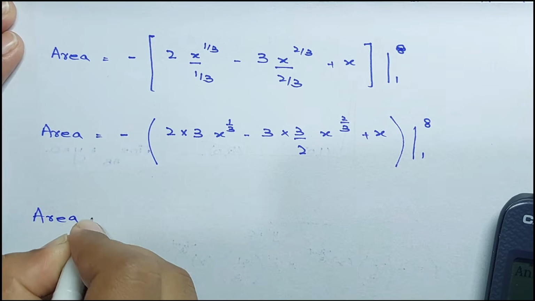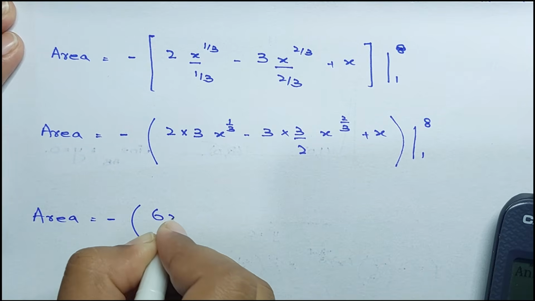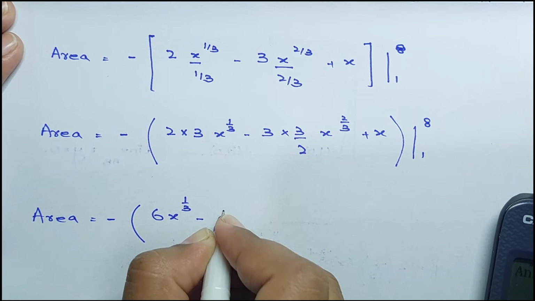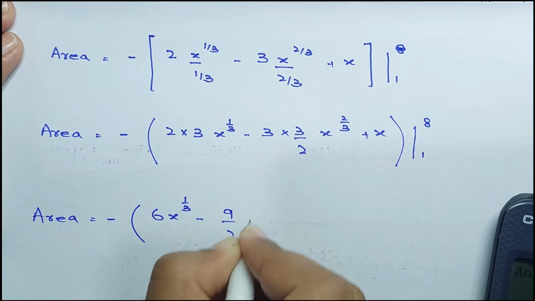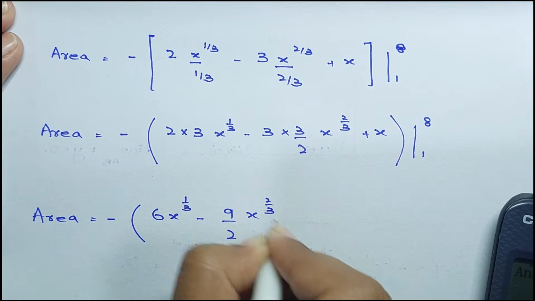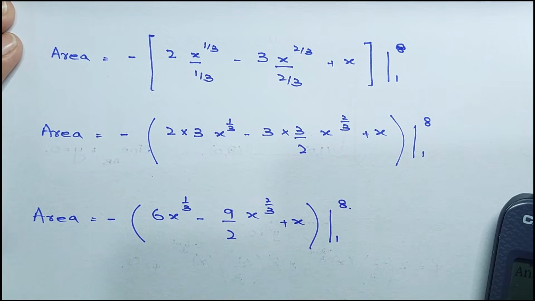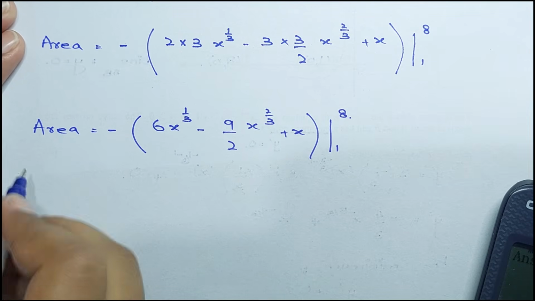Area is equal to negative 6x power 1 by 3 minus 9 by 2, x power 2 by 3, plus x, 1 to 8. Now let me plug in the upper and the lower limit.